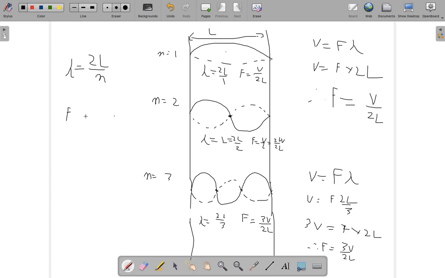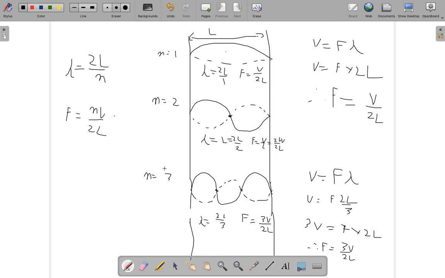And we can say the frequency equals nV over 2L. You don't need to remember these exactly, but you should be able to find them out when in an exam.